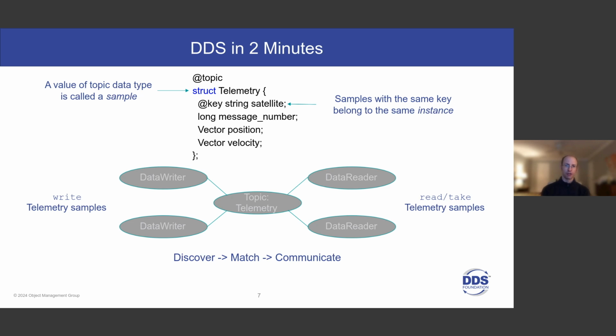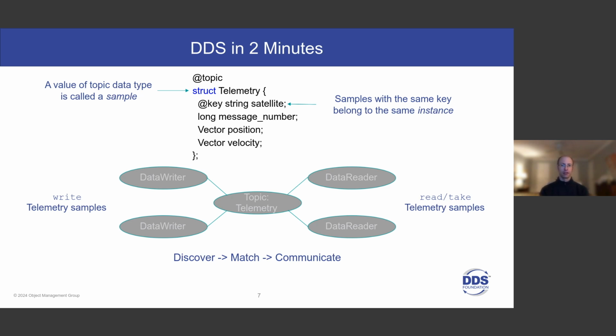And a data writer can write a value of this, which is called a sample. The key defines an instance. All of the data writers can write, and the data readers, for their part, can have a local cache of the data that has been written by the data writer, and they can read samples from that cache, or they can take samples from the cache, which is destructive.